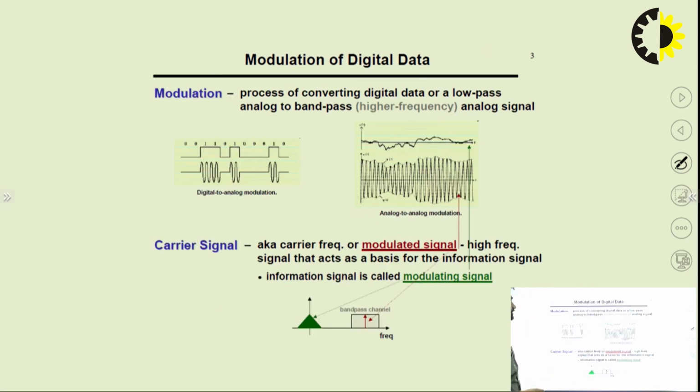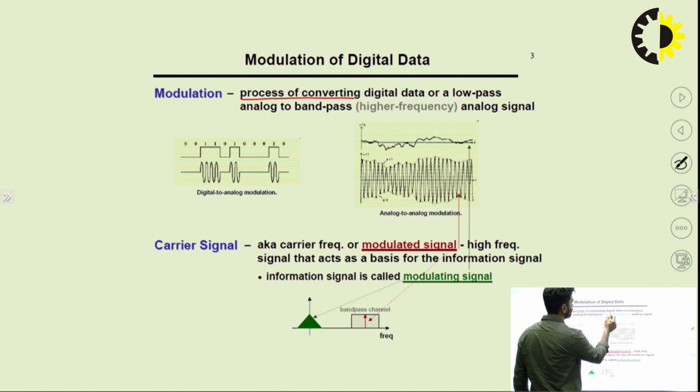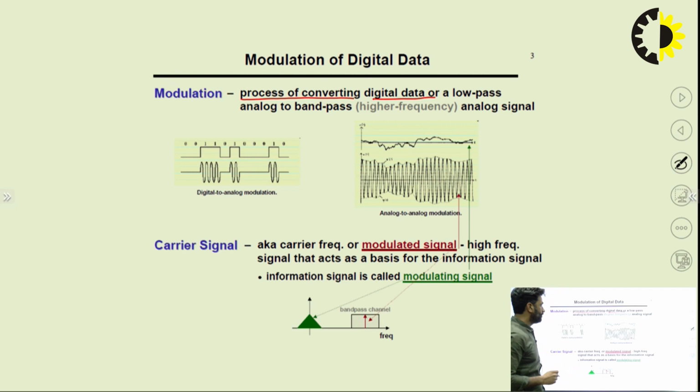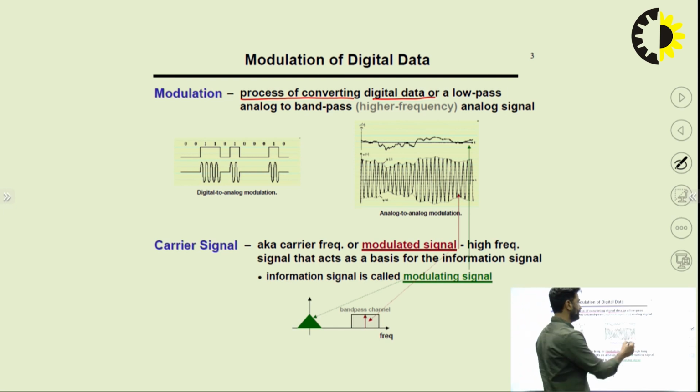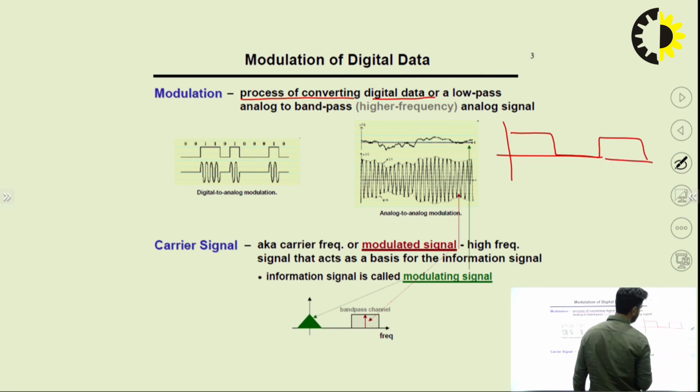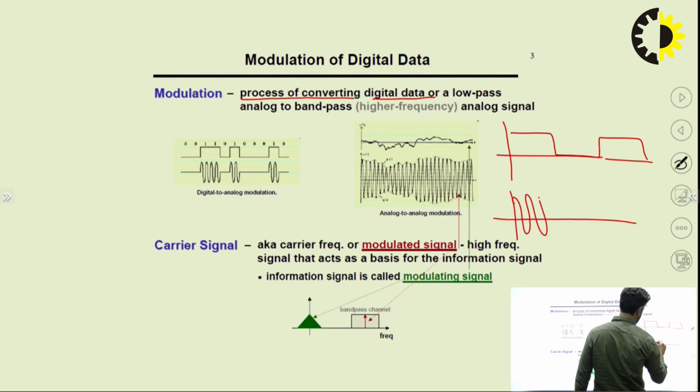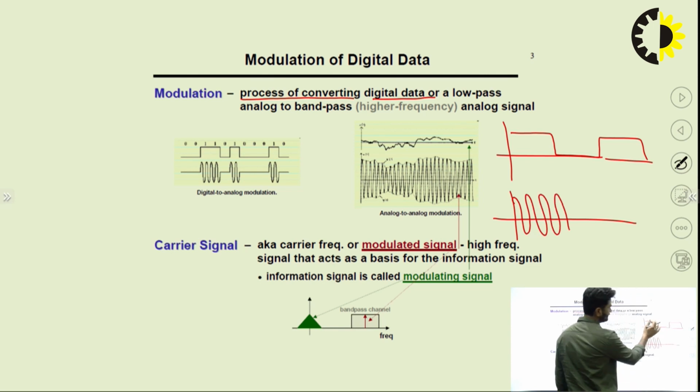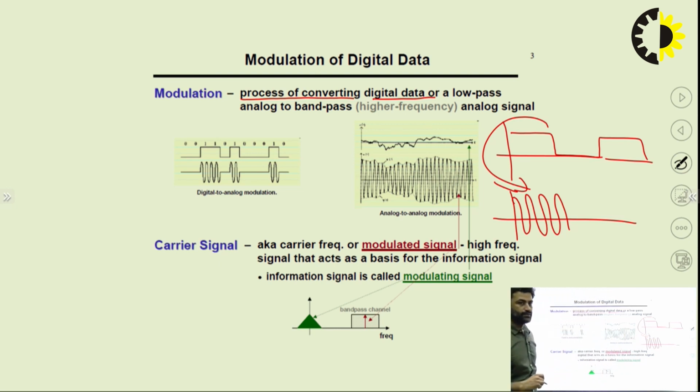Now what is modulation? It is the process of converting digital data or a low pass analog signal to a band pass analog signal. Basically this digital data is converted into analog signal because we place this digital signal over a carrier signal.